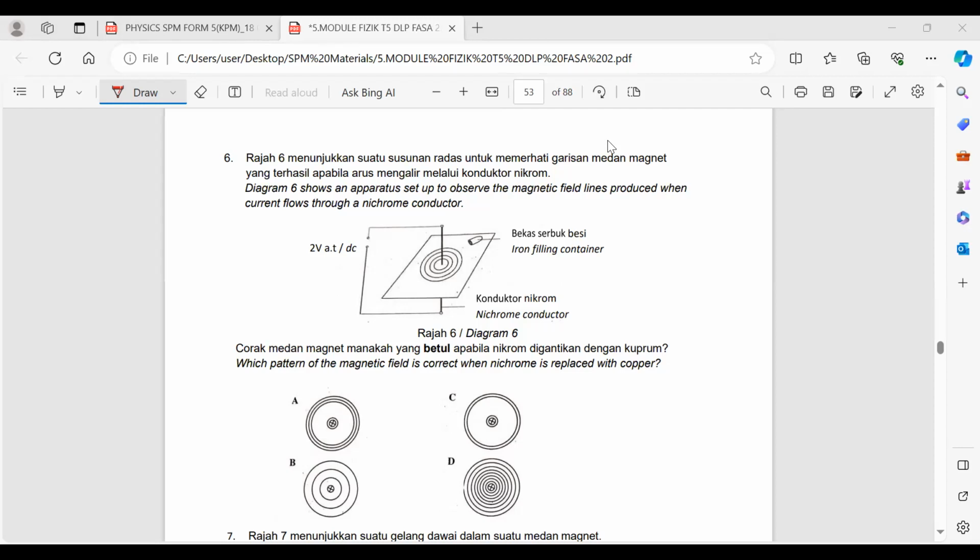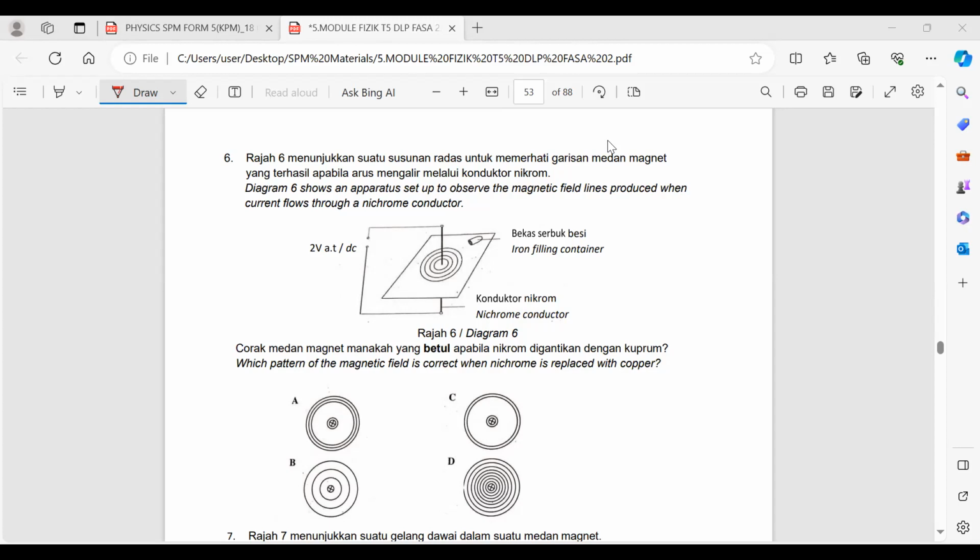So the direction pattern will not change. But when nickel is replaced with copper, copper is a better conductor. A better conductor means it will have higher current.